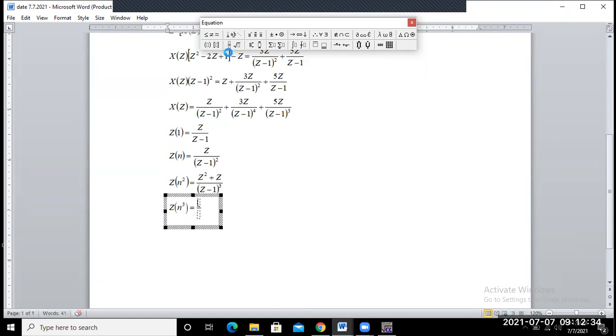Z cube plus 4z square plus 4z by z minus 1 whole to the power 4. Okay.